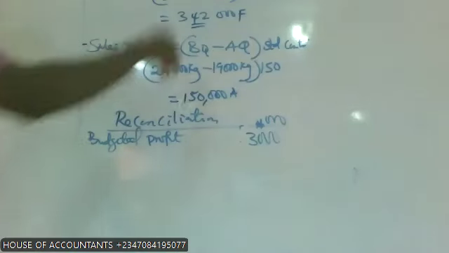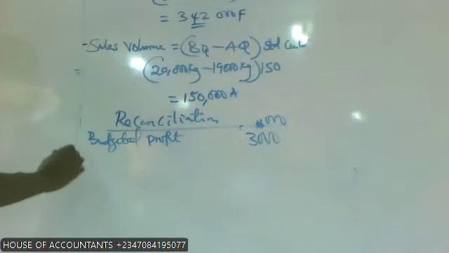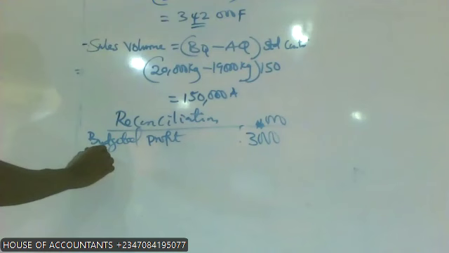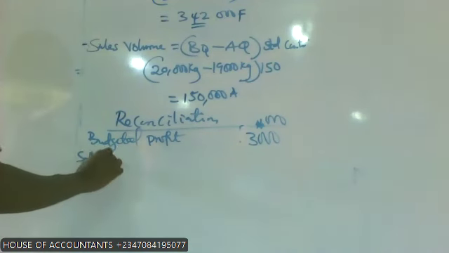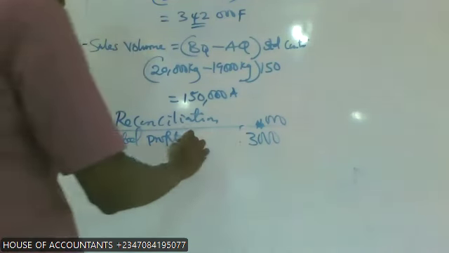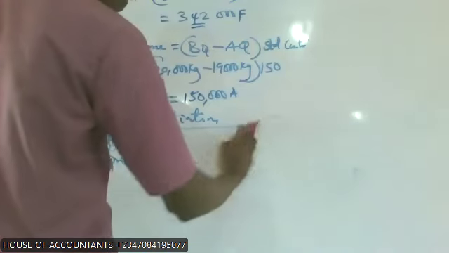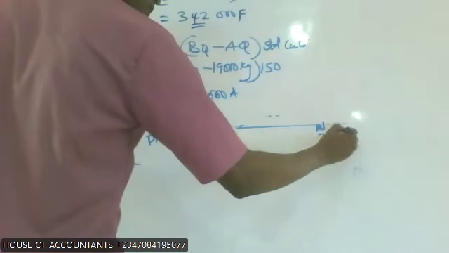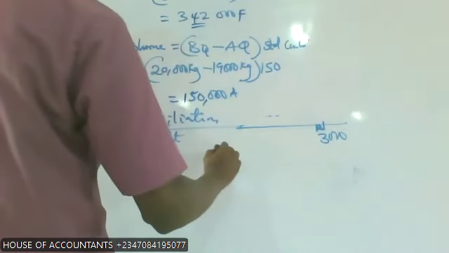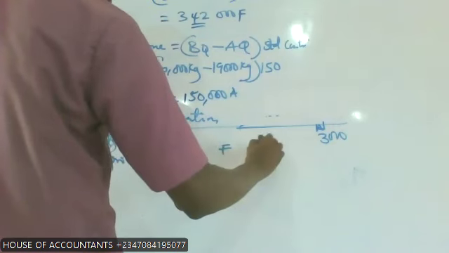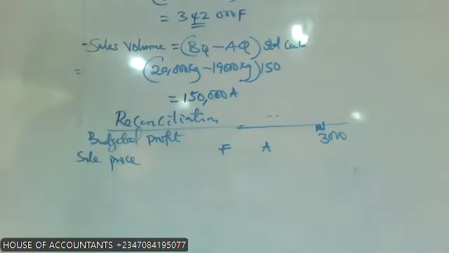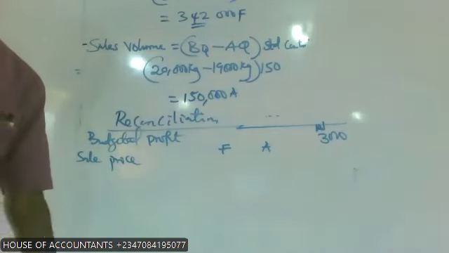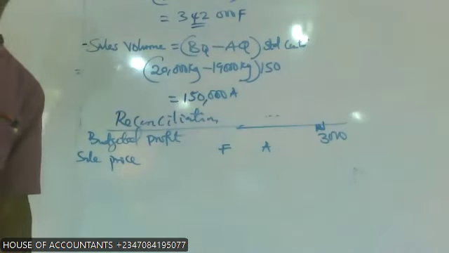Then all these variances we have calculated, starting from sales. Sales price. Let me expand this more. So we have favorable and adverse. For sales price, I think we got 134 or something. Am I right?